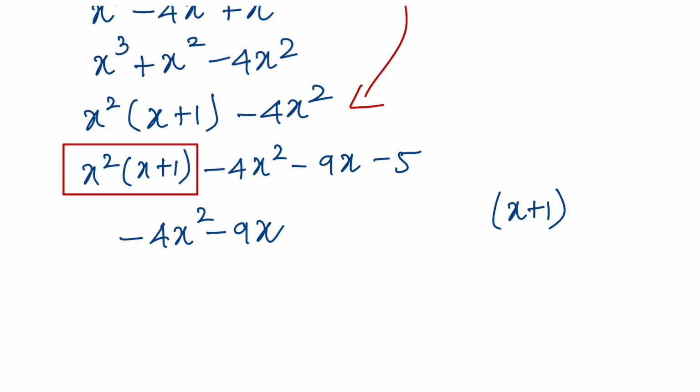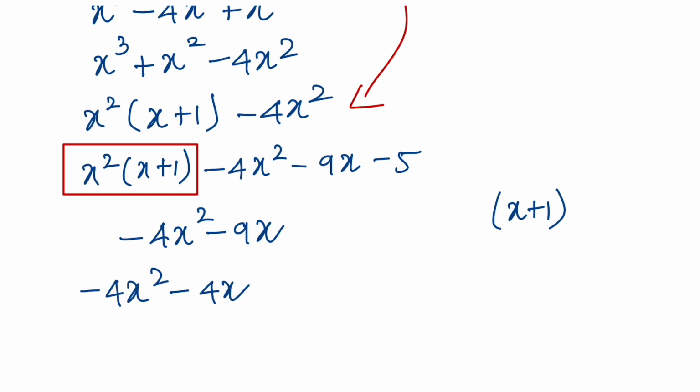factor out of it. Okay, so if you take minus 4x squared, what should be the next term so that you can take 4x out and it becomes x plus 1, right? So for it to become x plus 1 and you have to take minus 4x out, you just need minus 4x, right?